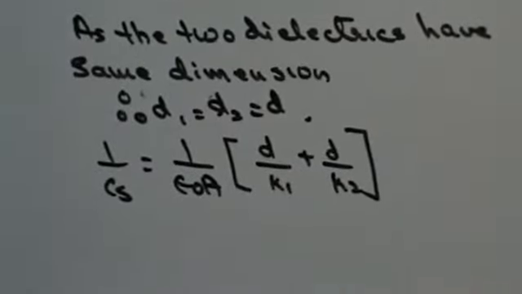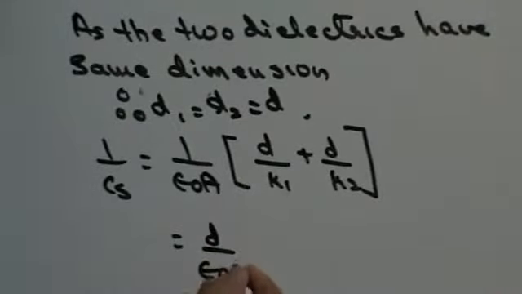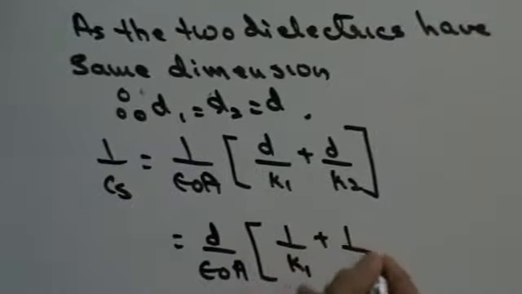D I can remove common outside, so I'll get D upon epsilon 0 A into 1 upon K1 plus 1 upon K2, right?